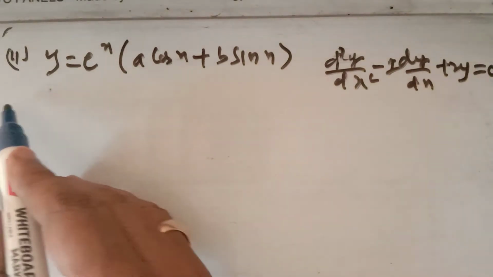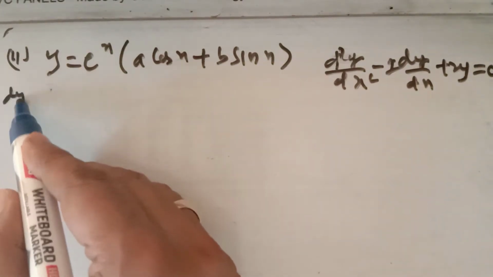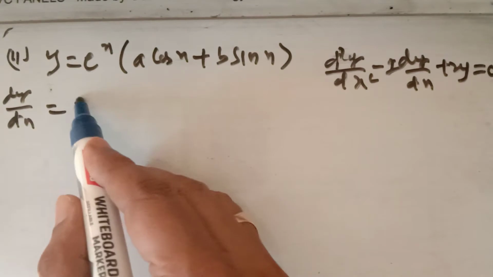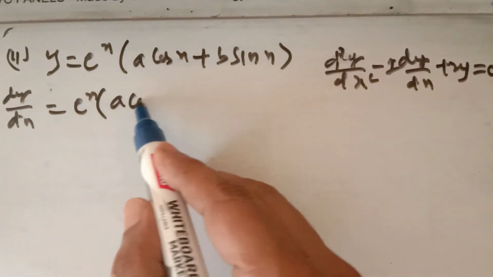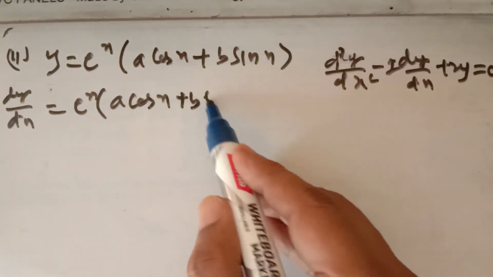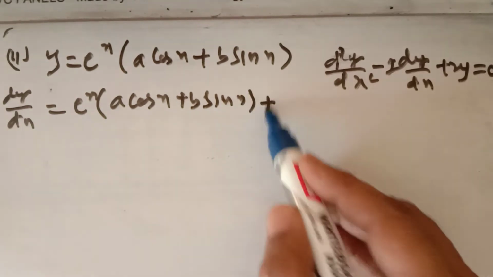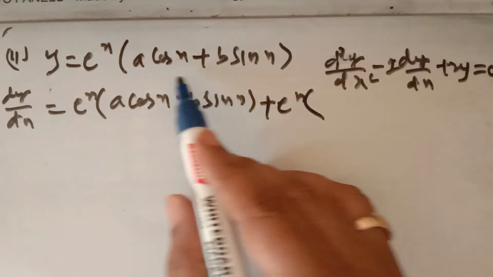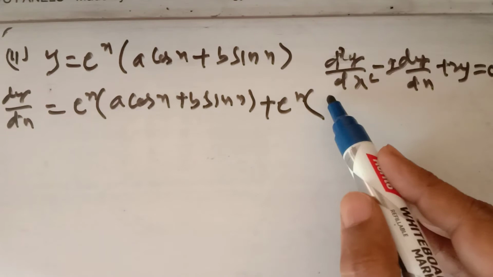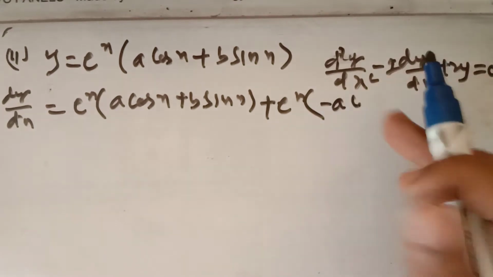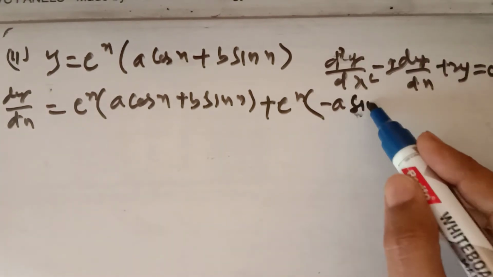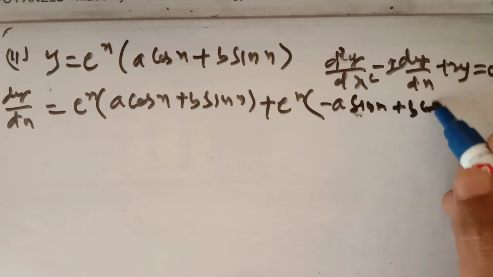To find its first derivative, d by dx, you have to use the product rule. First of all, I have differentiated e to the power x, then I have differentiated a cos x plus b sin x, which is minus a sin x plus b cos x.